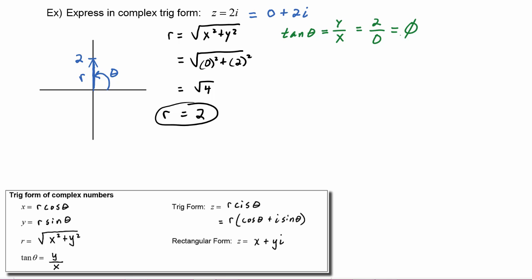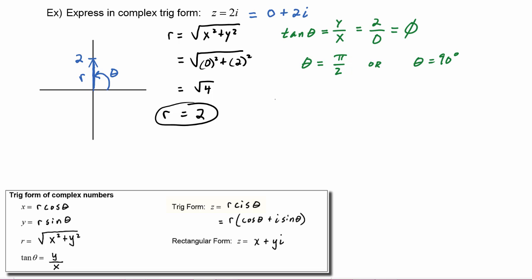Looking at our picture, seeing that theta has to be on the positive y-axis, we know that theta, if we're in radians, would be pi over 2, or if we are in degrees, theta is 90 degrees.